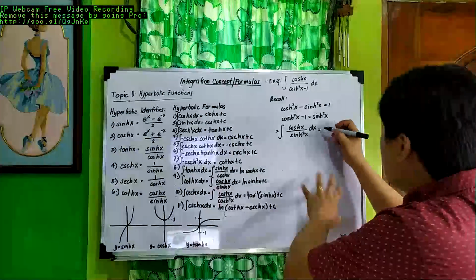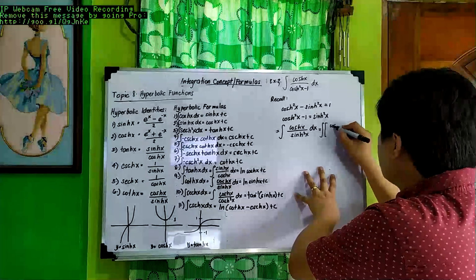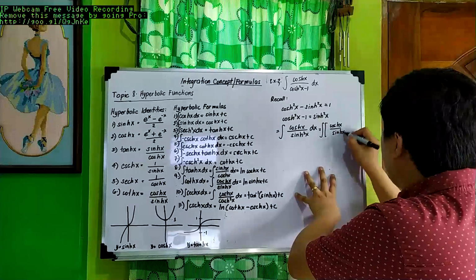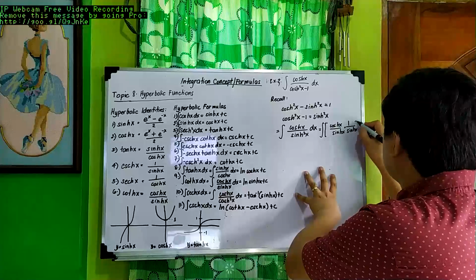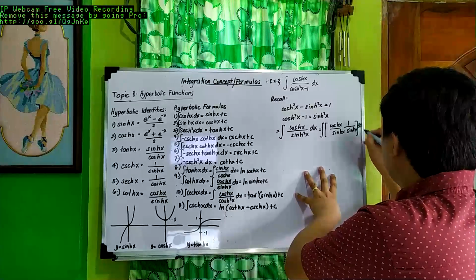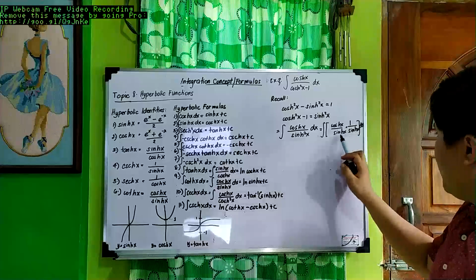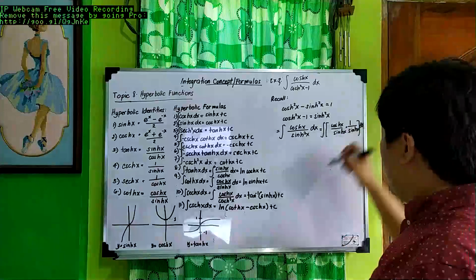So we could rewrite that as cosine hyperbolic x over sine hyperbolic x times 1 over sine hyperbolic x dx, right? These are still the same. When you multiply the denominator, that will be squared.